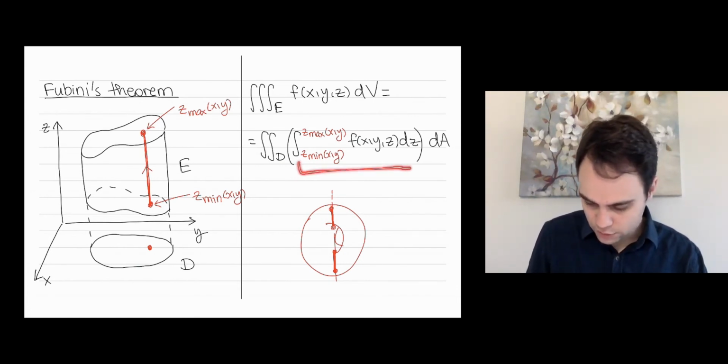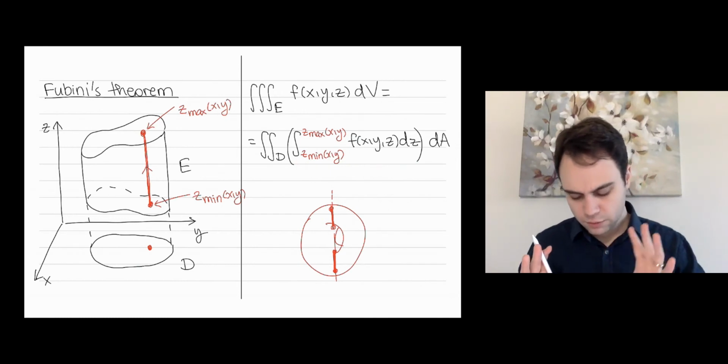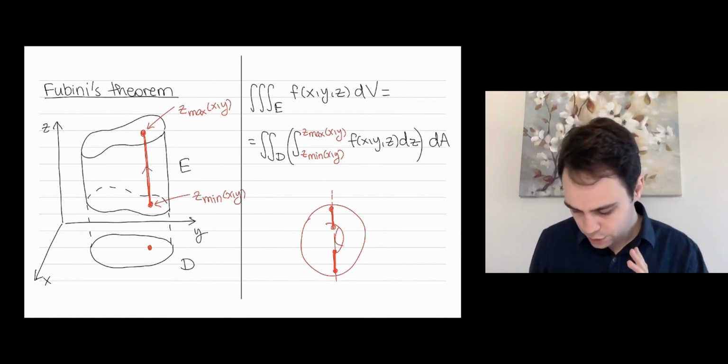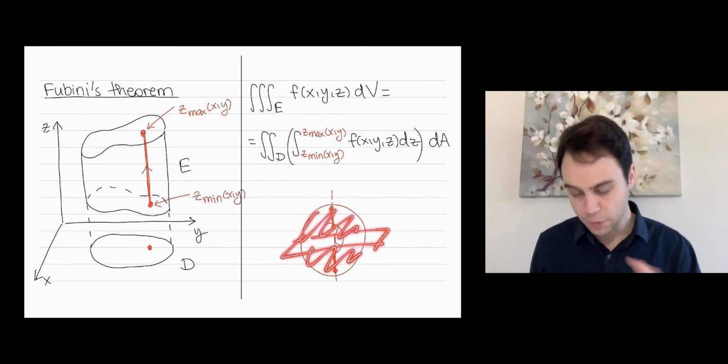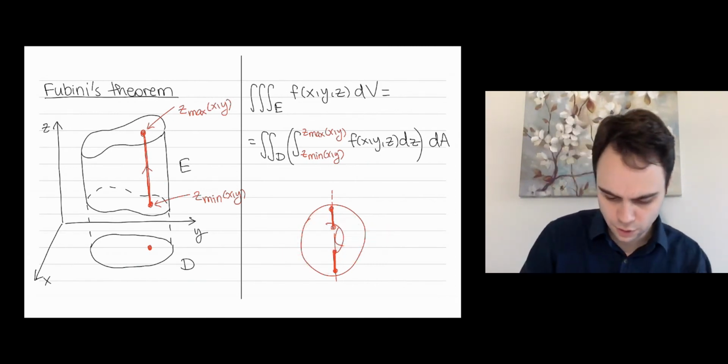So in this situation, I have two integrals inside. If you see something like this, what you really want to do is to break your region in two: integrate over the top half first and then over the bottom half, so as to avoid the whole situation.